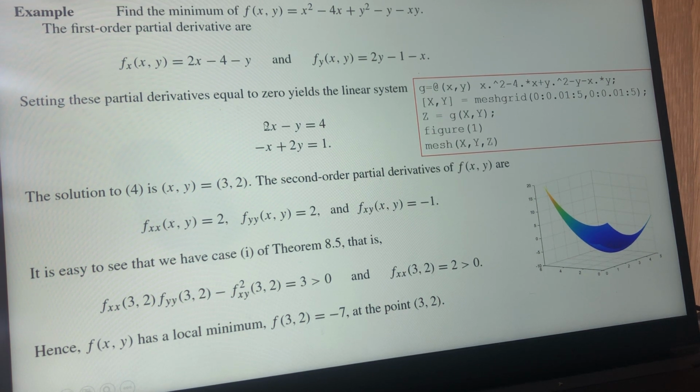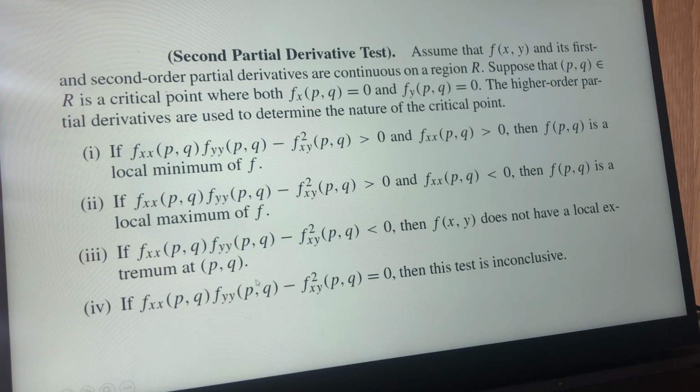And f_xy, the derivative of this function with respect to y, is minus 1. So we are checking f_xx f_yy minus f_xy squared, which is positive. If that's positive and if f_xx is positive, it means that (3, 2) is a local minimum. Okay, it's the first case scenario according to the second partial derivative test.